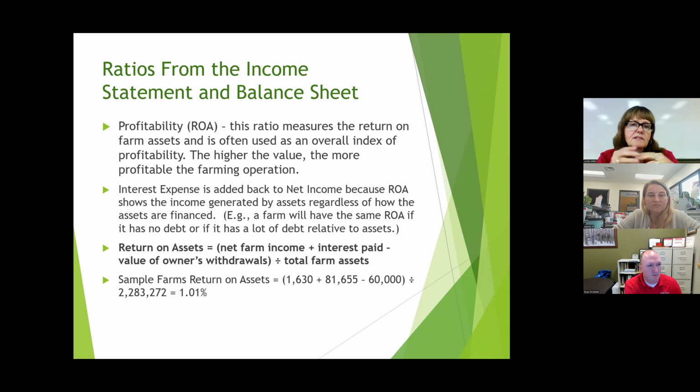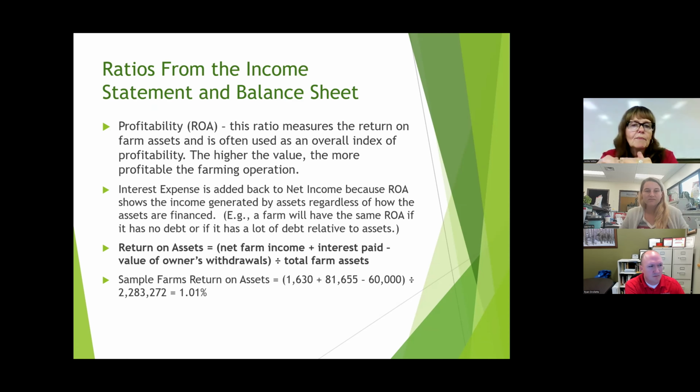ROA, which basically measures what your return is on farm assets, allows you to discount the value of labor and management that's contributed to the farm. It also allows you to adjust the revenue generation for assets, irrespective of whether they're owned completely or whether you're buying them with a loan.